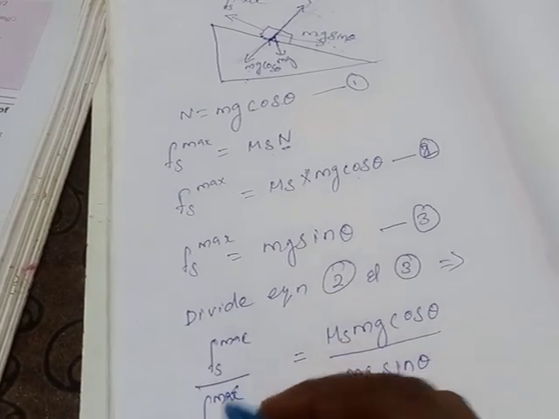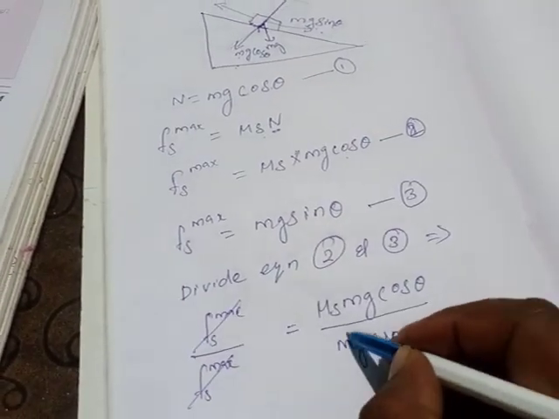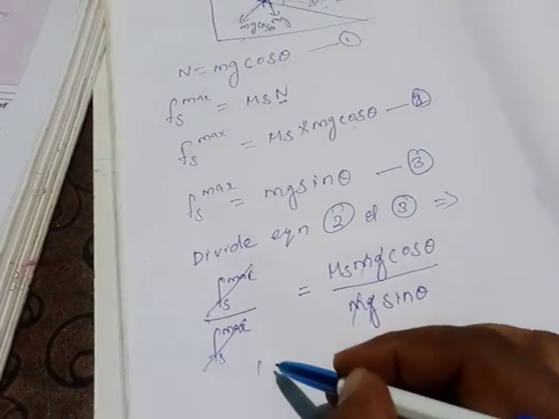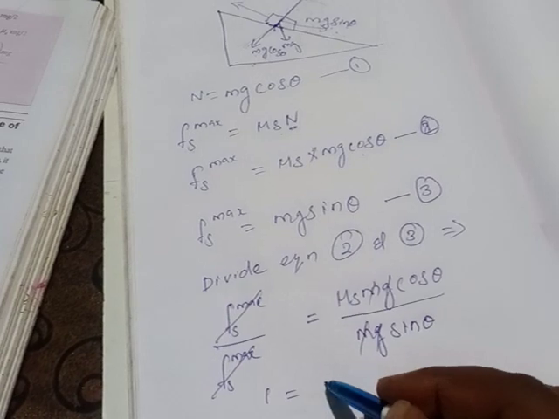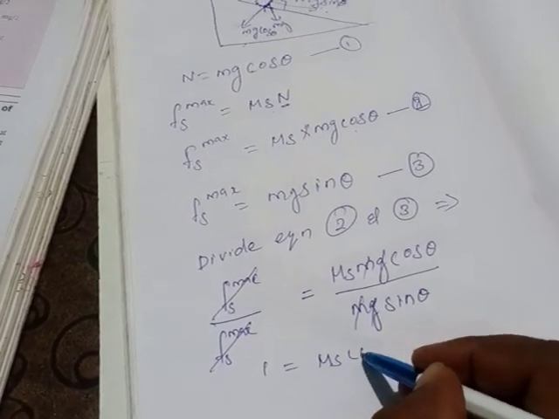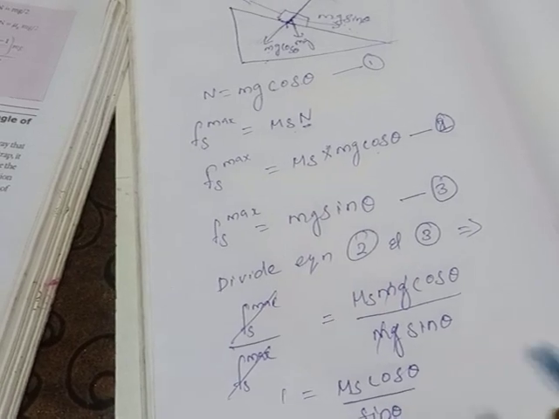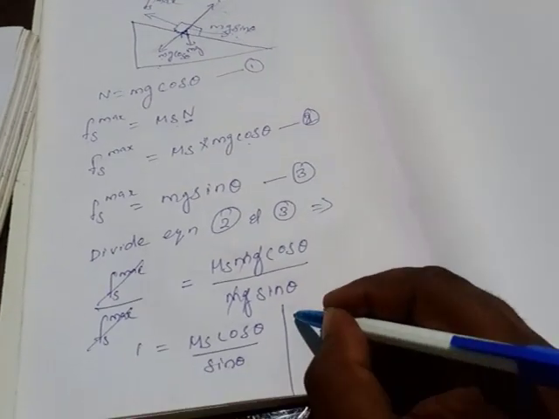Now you know Fx cancels, m cancels, g cancels. So what we will get is 1 equal to mu s cos theta by sin theta. Now we can take this sin theta here. So what will come?